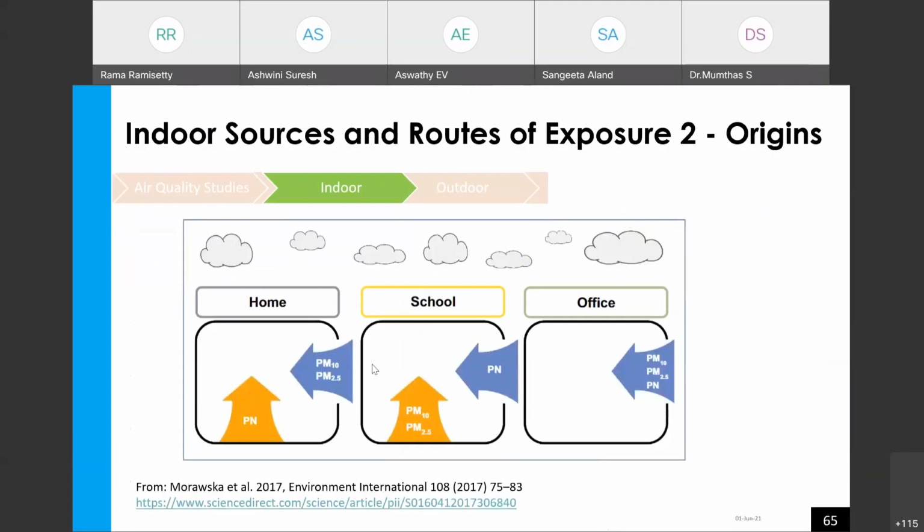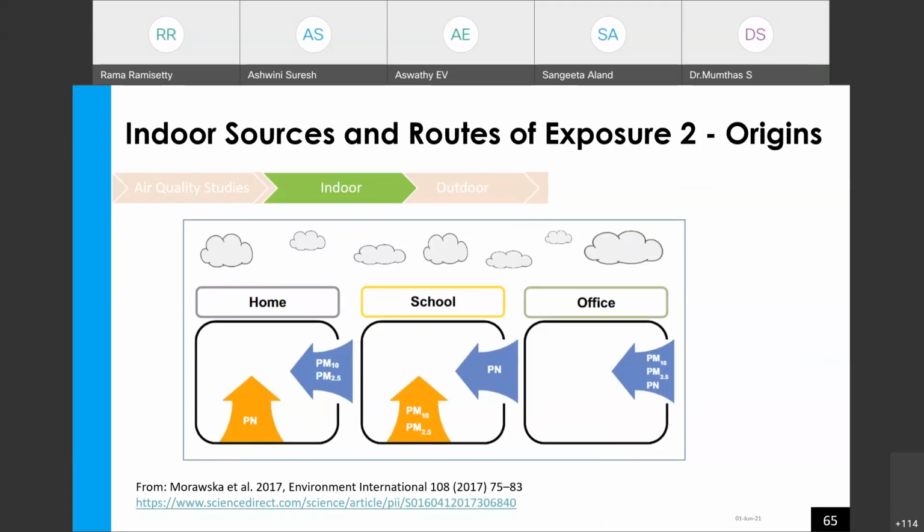Okay, and Morawska, in this same paper, also explained how particle number and PM10 and PM2.5 are increasing and decreasing, and where the sources are coming from. This orange one is inside the house. That means we can see more particles from the household itself. Or due to the outdoor air, we can get a lot of PM2.5 and PM10.